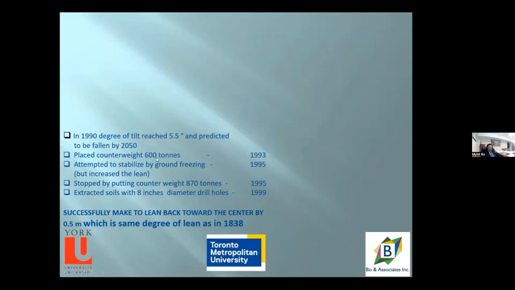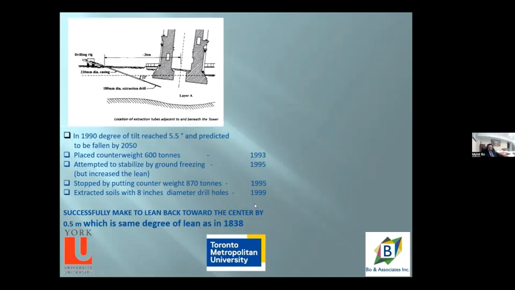Therefore, they placed a counterweight of 600 tons in 1993. They also attempted to stabilize by ground freezing methods, but the lean increased. Therefore, in 1995, they put an additional counterweight of 870 tons to stop the leaning.